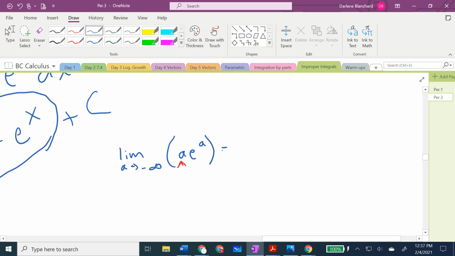The first thing I have to do is write this as a fraction. Somebody's got to reciprocate to the denominator. One of them is actually really easy to reciprocate to the denominator. The other one is more complicated.